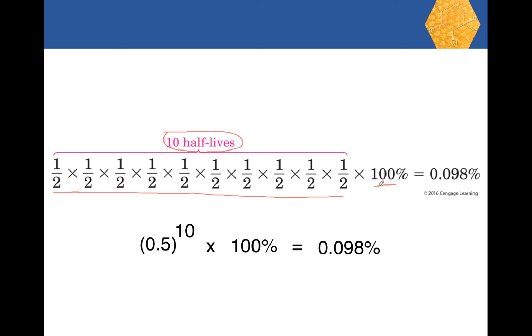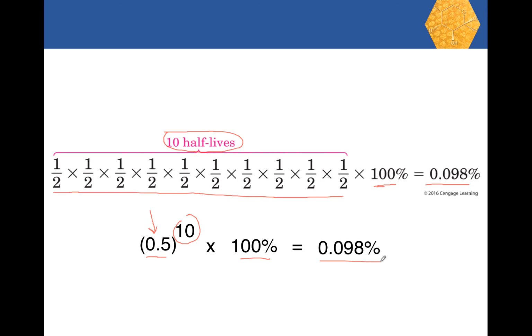Multiply that times 100, you get 0.098% that's left. So no matter what you start out with, after 10 half-lives, you will have 0.098%. Or, with a calculator, put 0.5 in, raise to the power of 10, times 100%, you get the same answer.